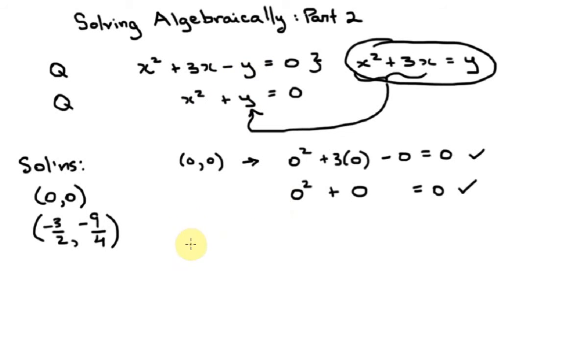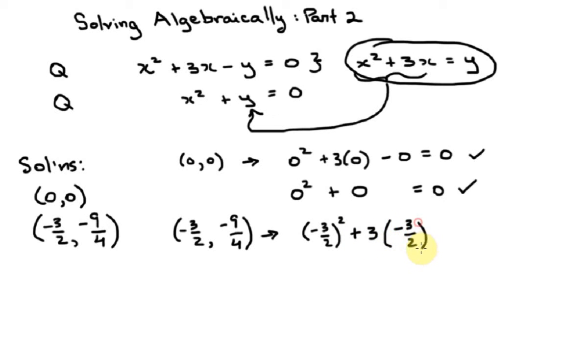So that one's good. Now what about this guy here, this negative 3 halves and negative 9 quarters? Well, let's plug it in and see what it does. So I'm going to plug in negative 3 halves and square it. This one looks like it's a little bit more work, but you know what? It won't take you that long to blast through this.